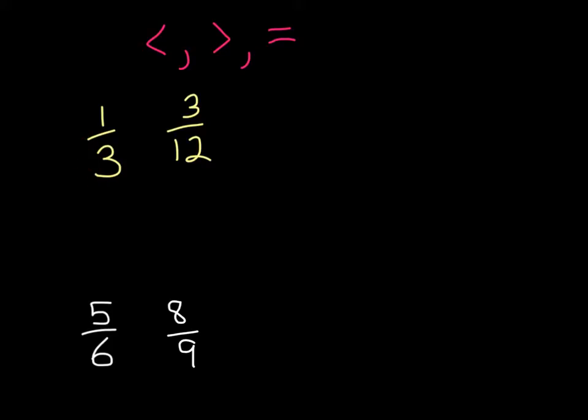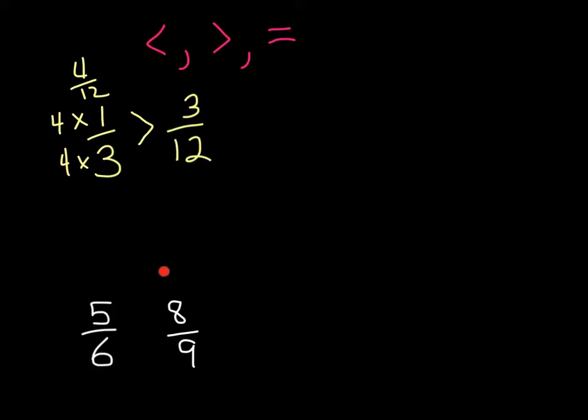If I want to get an equivalent fraction, I can change this into 12ths. I know that because 3 times 4 is 12. So if I do it to the denominator, I have to do it to the numerator. So my equivalent fraction here would be 4/12. And now I can compare it. I have 4/12 and I have 3/12. So now it's easy to see which of these is larger. So 4/12, or 1/3, is greater than 3/12.